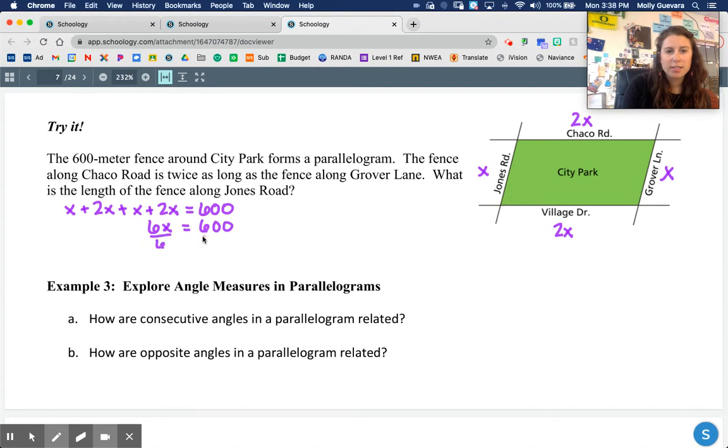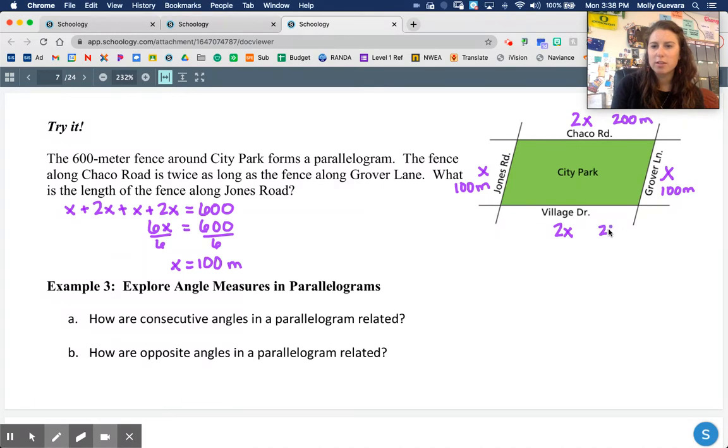Divide by 6, divide by 6. X is 100 meters. So Grover Lane is 100 meters long, which means Jones Road is also 100 meters, which means Chaco Road is 200 meters, and Village Drive is also 200 meters.